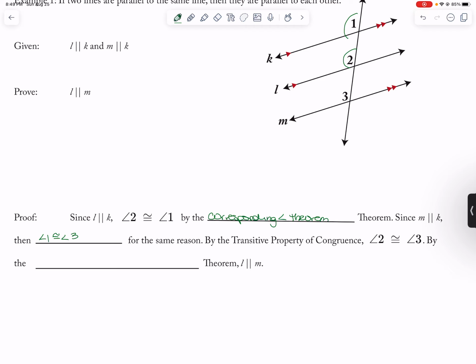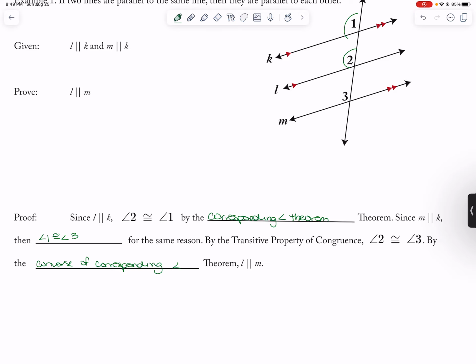And then the transitive property says that 2 is congruent to 3. And then by the converse of the corresponding angles theorem, L is parallel to M.